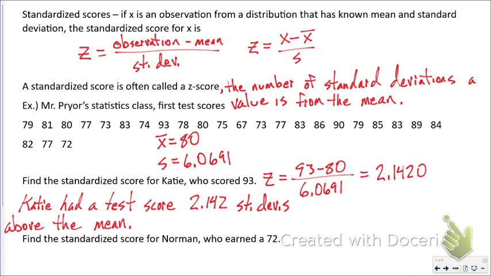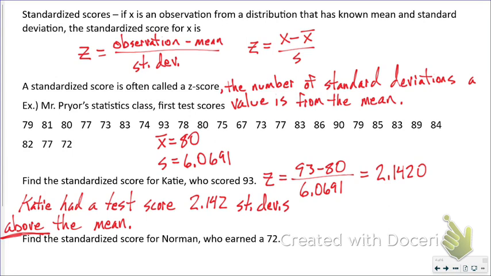That word above is key, and so is context. So make sure you say above or below, but yet, as you'll see on this next one for Norman, you want to be careful when you say below because it's probably a negative z-score.